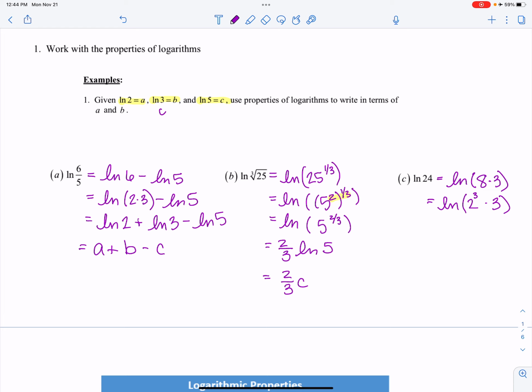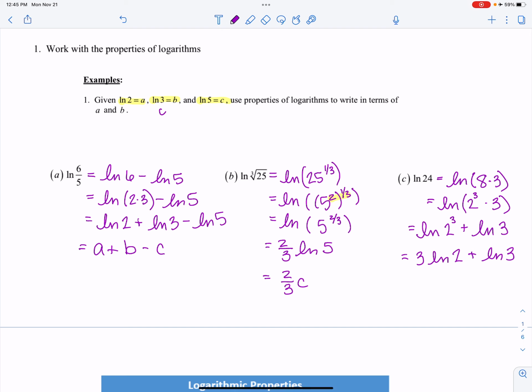And using my product rule, I can rewrite this as the natural log of 2 cubed plus the natural log of 3. And then let's use the power rule on that first one and put our 3 out front of our natural log of 2 plus natural log of 3.